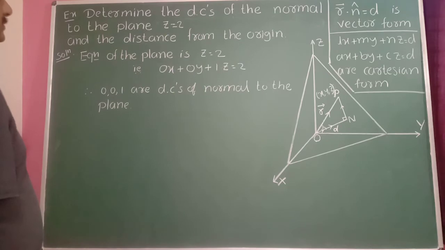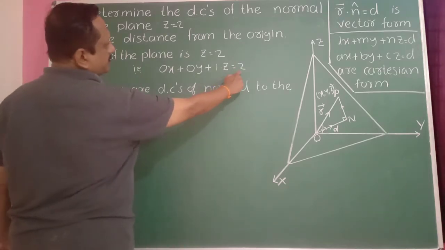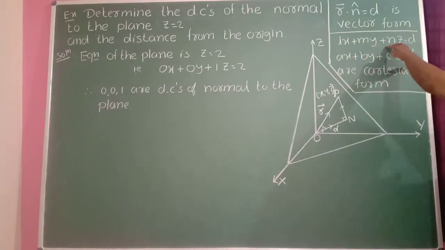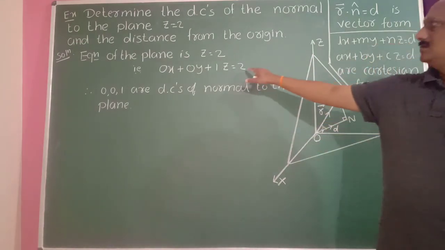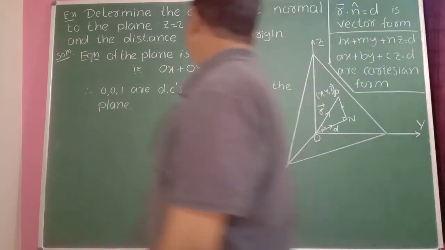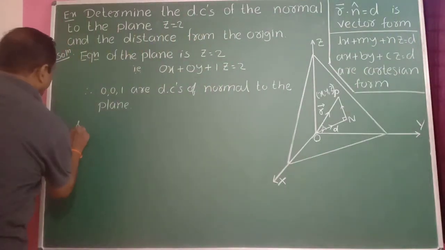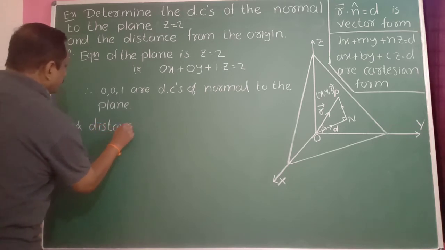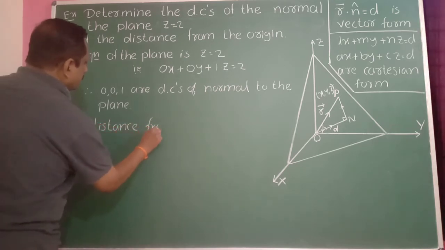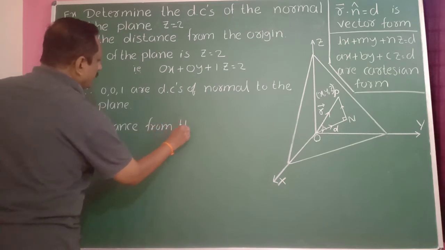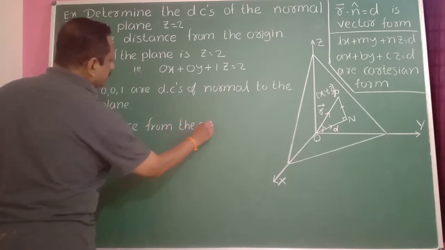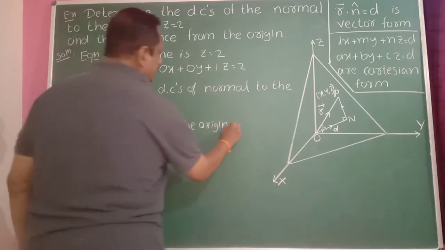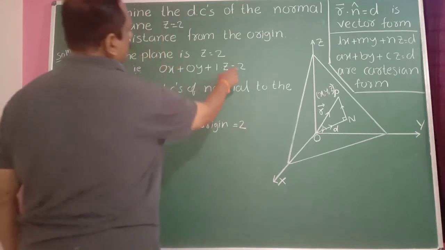Okay. Next, obviously, the distance. This equation is in this form, lx plus my plus nz equal to d. Therefore, here d represents the distance. Therefore, the distance from the origin is equal to 2 units.